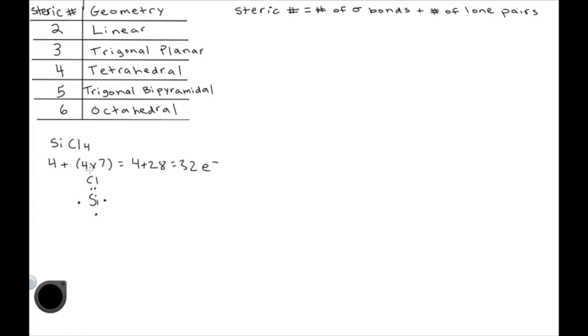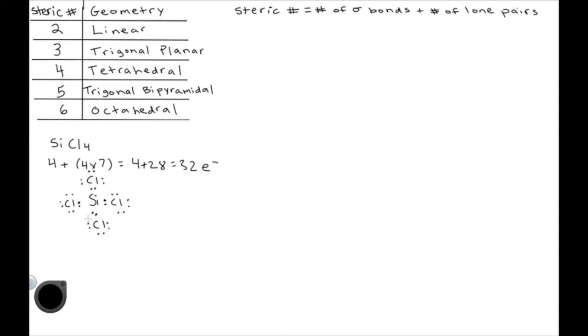Here's 1 chlorine up here. Here is another chlorine to our left. Here's another chlorine down here at the bottom. And then here's 1 more chlorine on the right. 1 on each side of the silicon.